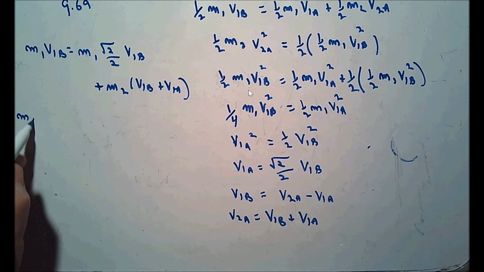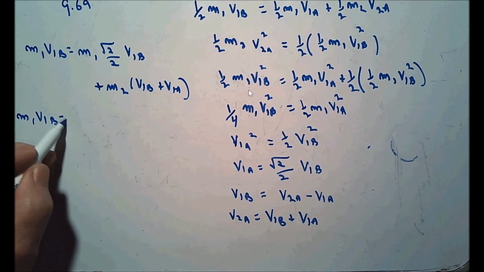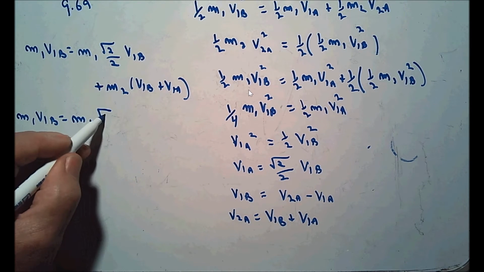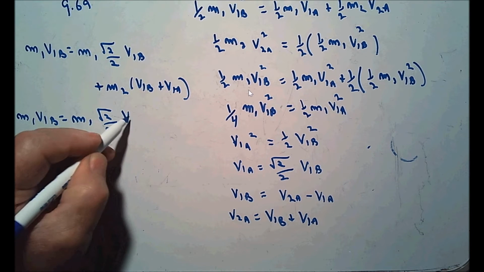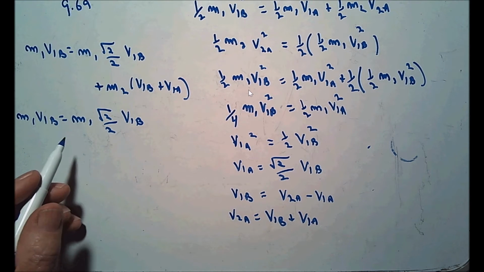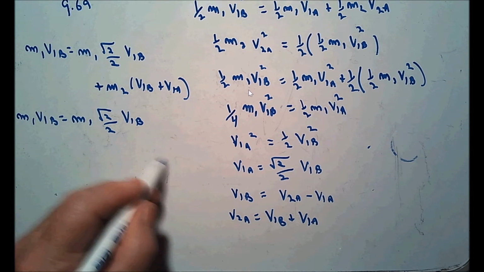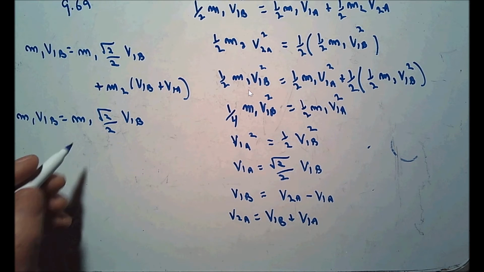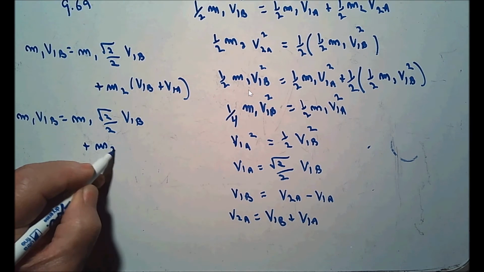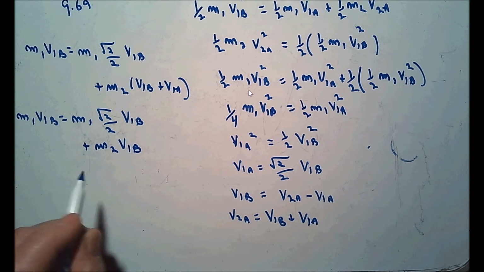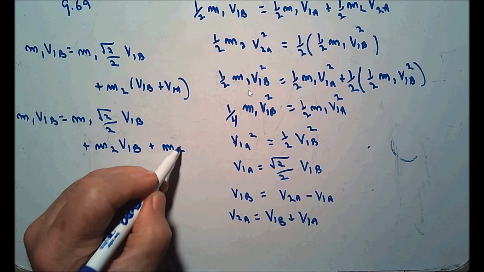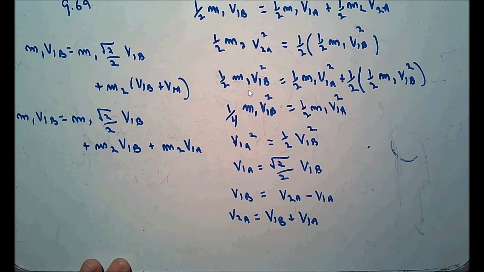M1 V1 before equals M1 square root of 2 over 2 V1 before. Okay, that's this term right here. I'm going to have to continue down the line. I don't want to eliminate all this over here yet. So that'd be plus M2 V1 before, that's this term right here, plus M2 V1 after.